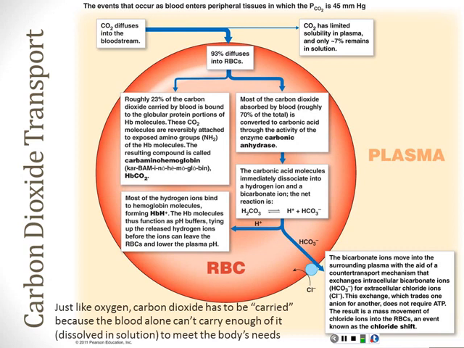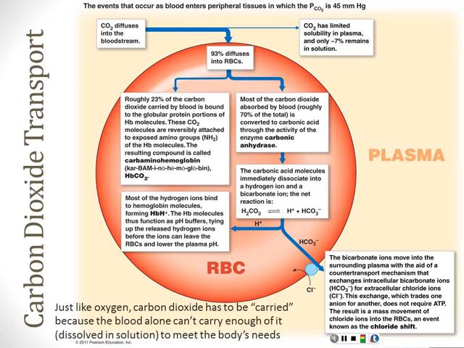And carbonic acid is unstable, so you don't find much of this in the blood ever, because it's either going to fall apart this way or it's going to fall apart this way. But it is the intermediate step. So CO2 plus water, we get carbonic acid, but then we're dissolved in water, so that carbonic acid breaks apart into H plus and bicarbonate.